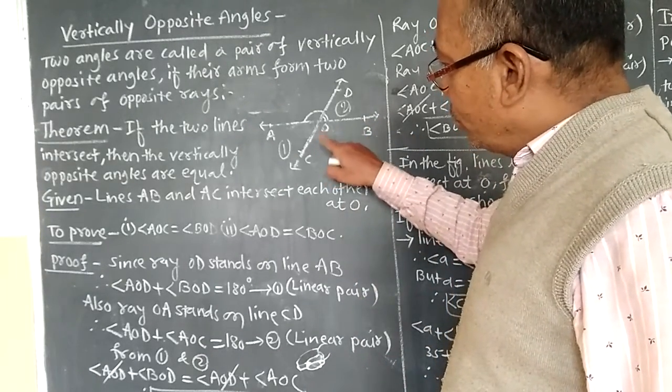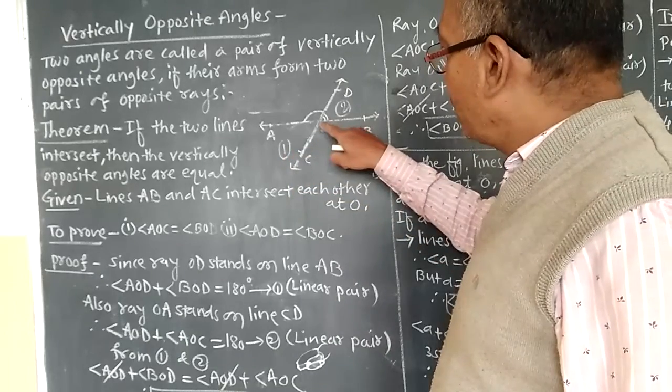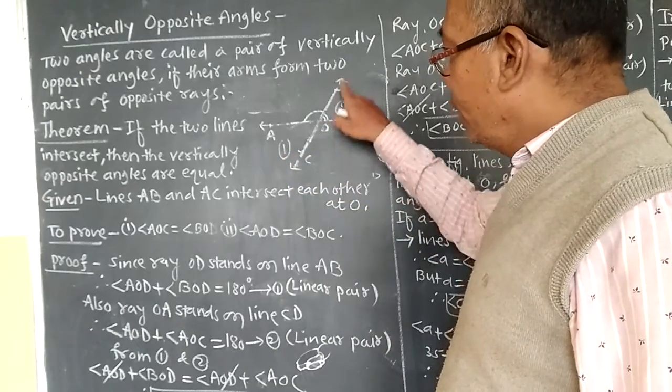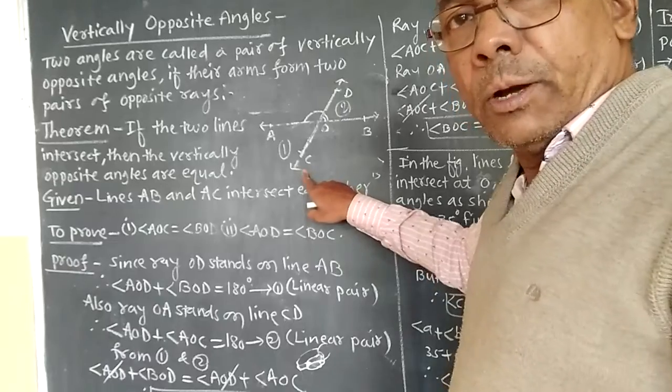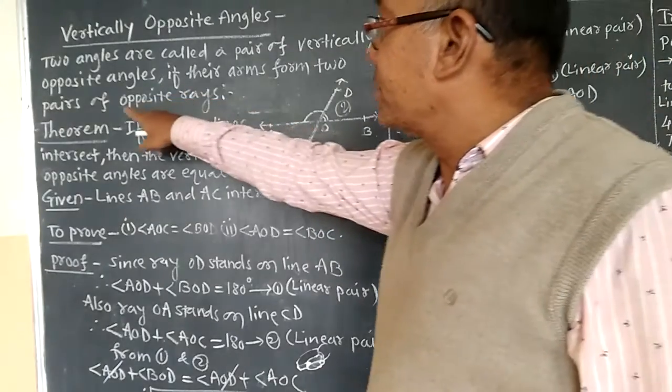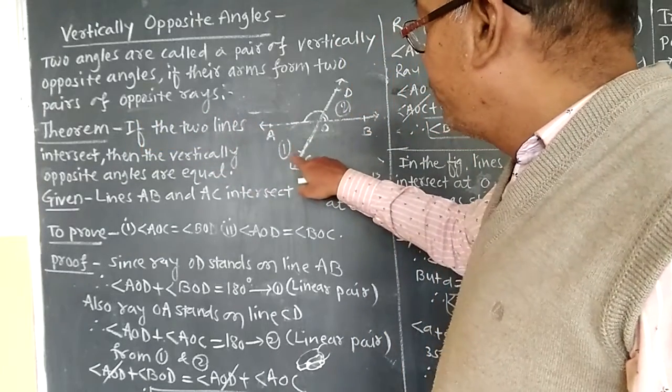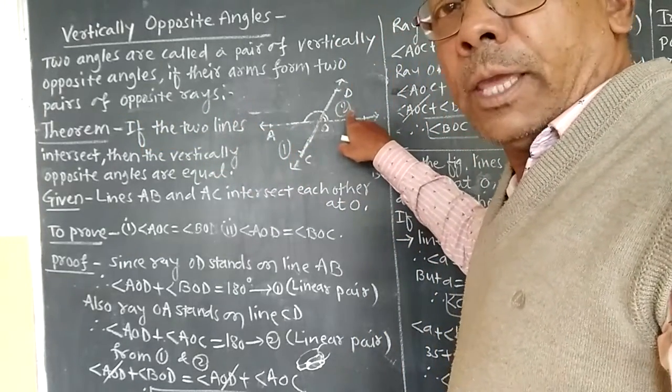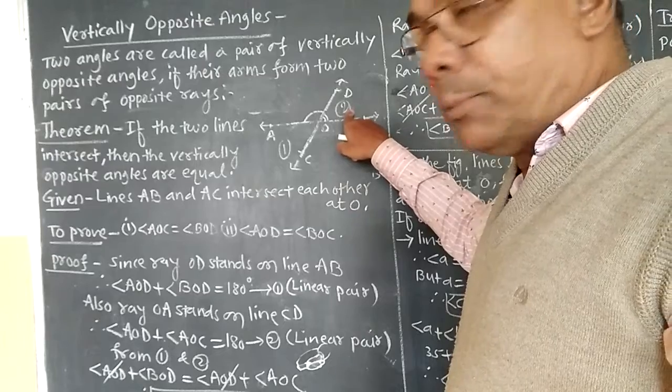Similarly, arm OC of angle 1 and arm OD of angle 2 also form a pair of opposite rays. In this way, two pairs of opposite rays are formed, and therefore angle 1 and angle 2 are vertically opposite angles.